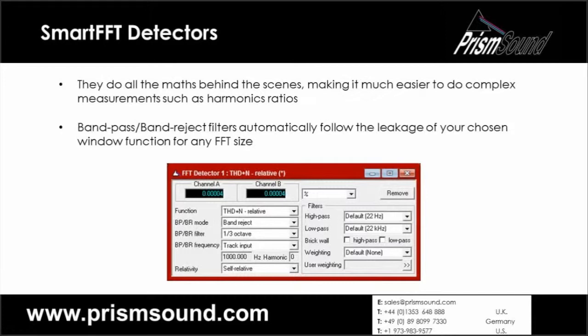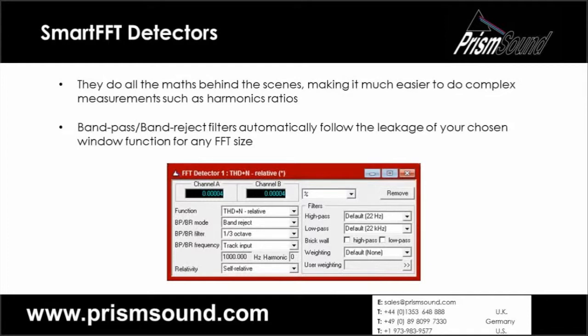They'll also do all the maths behind the scenes for you. We've been talking mainly today about amplitude measurements, but if you're doing a slightly more complex measurement, such as harmonic ratios or intermodulation distortion, then it involves a couple of calculations. This can be a bit long-winded to do yourself, so it's good that it does all these things behind the scenes.